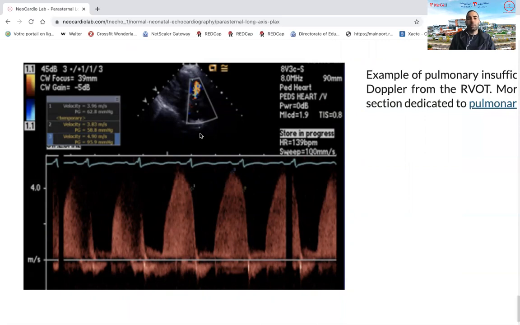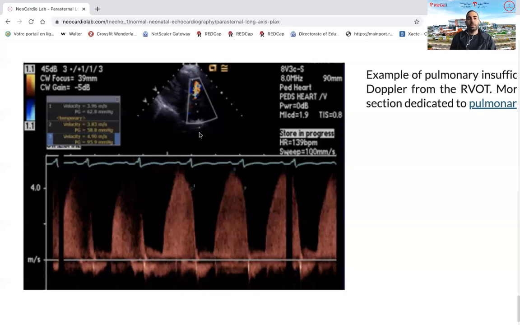Compared to the pulse wave Doppler, the difference is that the Doppler interrogation will be done across the entire line of interrogation. So instead of asking the machine to provide you with velocity assessment at a narrow interrogation point, you're asking the machine to provide you with all the velocities of flows all along that line of interrogation.